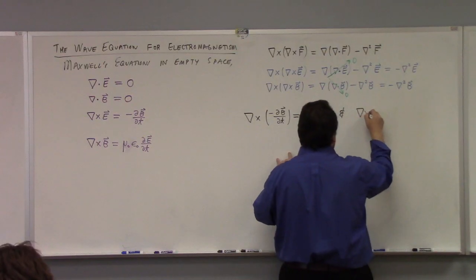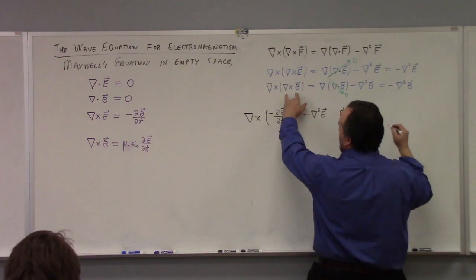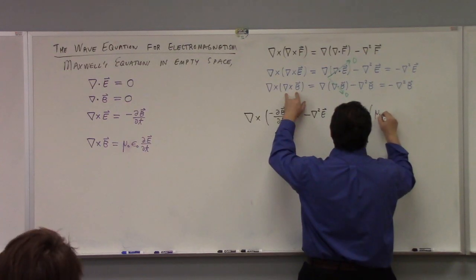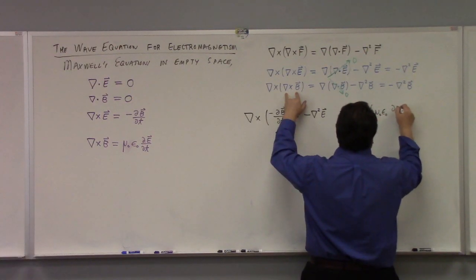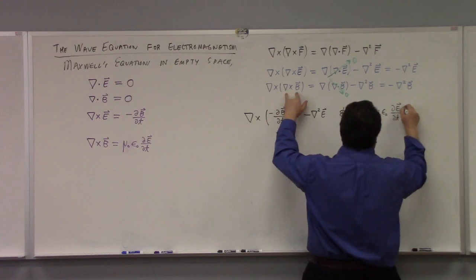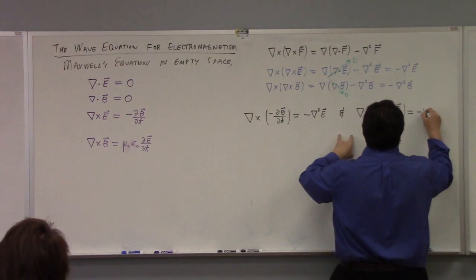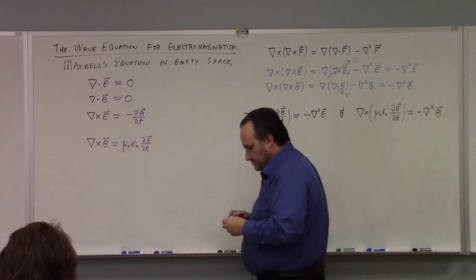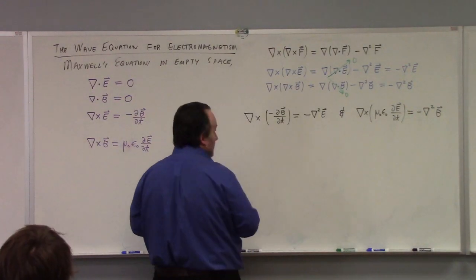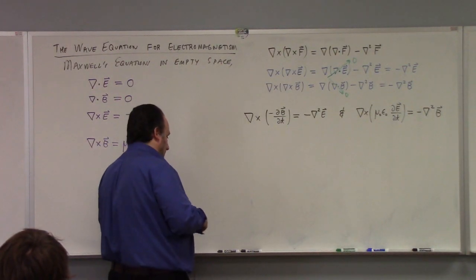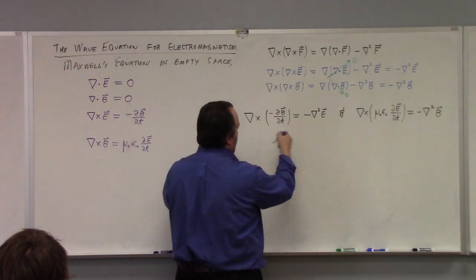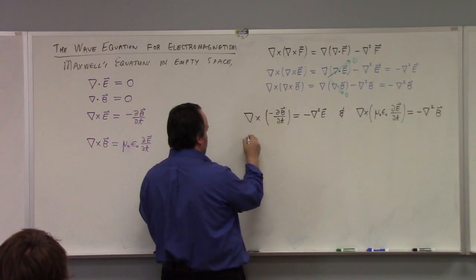The curl of B, well, that's mu naught epsilon naught partial E partial t, and the curl of the curl of B equals minus nabla squared B. Okay, but then we can pull the minus out.